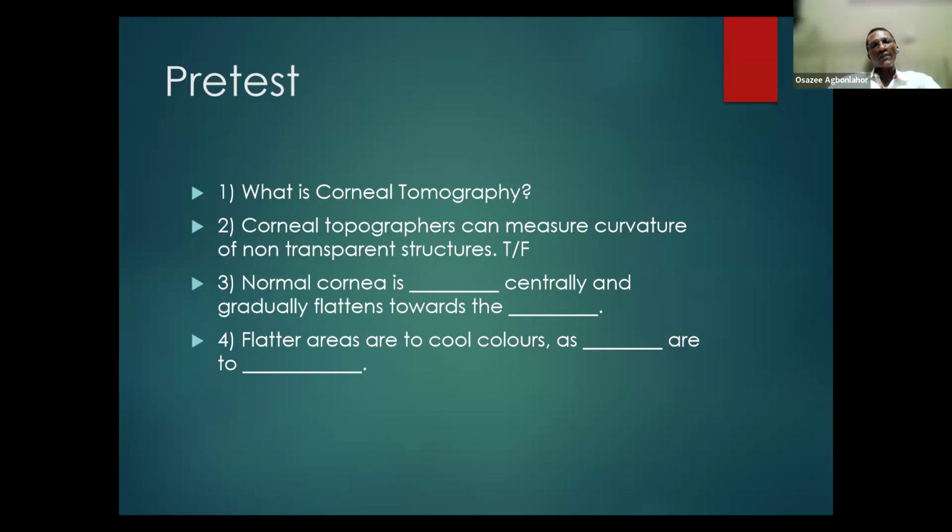However, we have some that have improved on just giving you topographic vision and give you tomographic. Those particular ones, we don't call topographers anymore. We call them tomographers. Examples are your OpScan and Pentacam. These two give you information about the front and the back surface of the cornea, and that itself makes them pass to be called a tomographer.